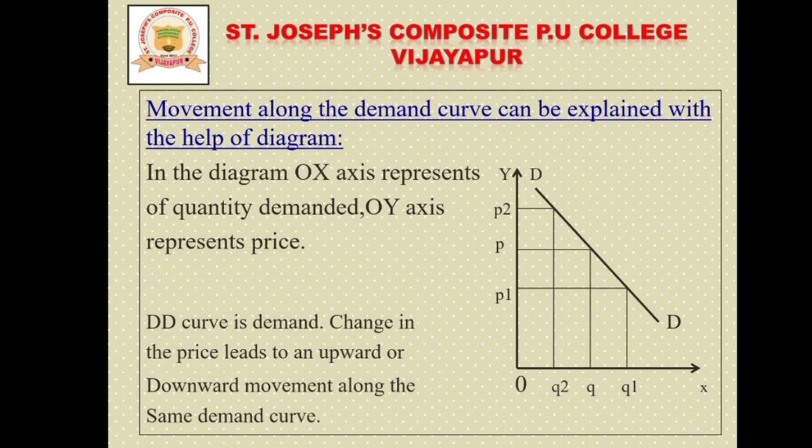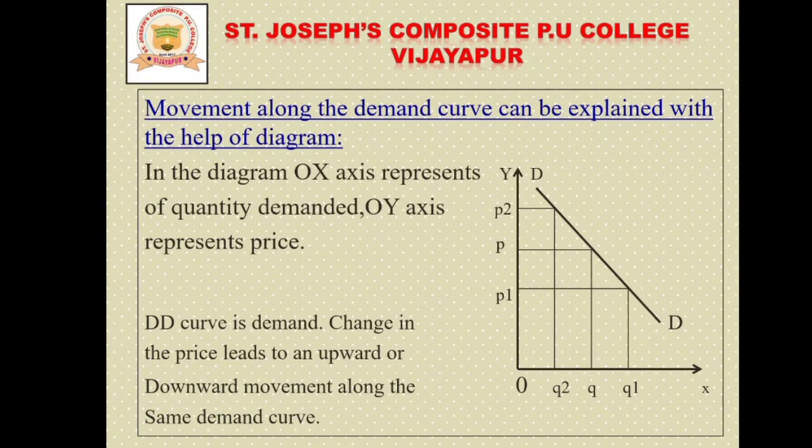Due to a small change in the price of a commodity, the movement will be either upward or downward. So what is the reason for the movement upward and downward? The reason is nothing but a change in price.